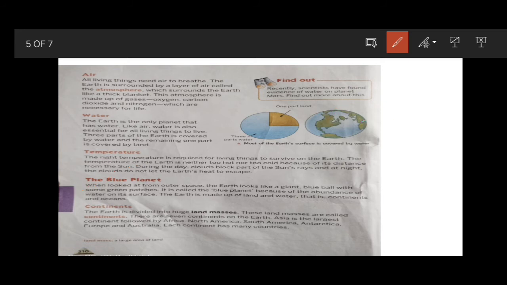Why is the Earth called a blue planet? Because the maximum part of the Earth is covered by water. Means we will find an abundance of water on the Earth's surface. The Earth is made up of land masses and water bodies, which are called continents and oceans.